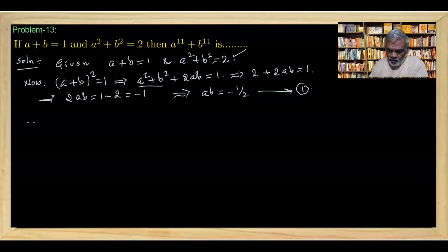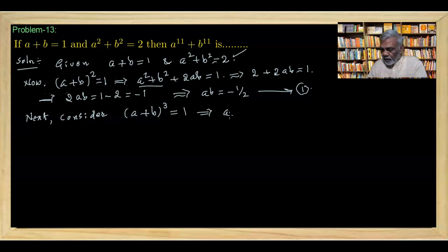And now, next consider a plus b whole raised to 3 is again 1, because a plus b is equal to 1 only, and this implies that a cube plus b cube plus 3ab into a plus b, by the formula for a plus b whole raised to 3, is equal to 1.